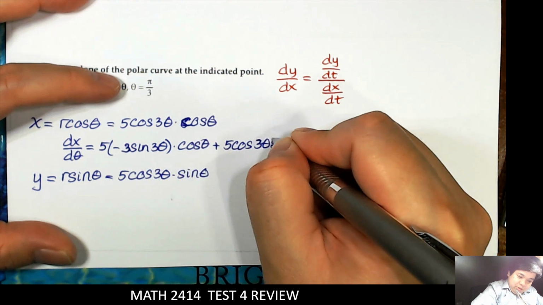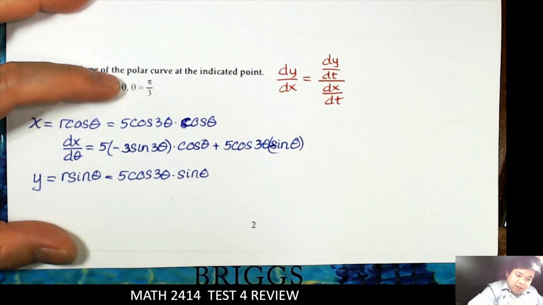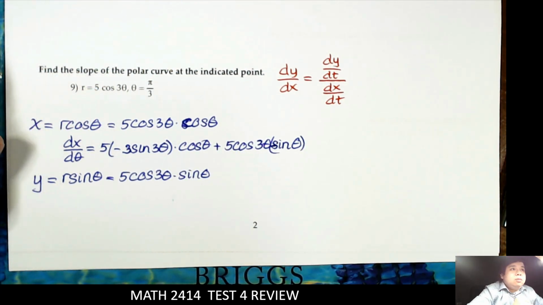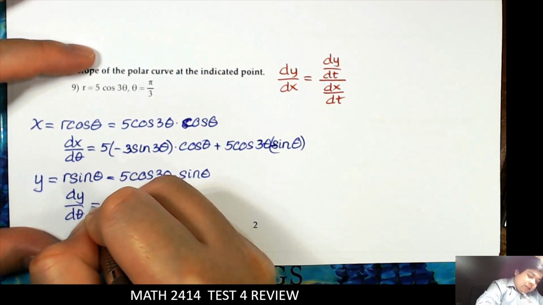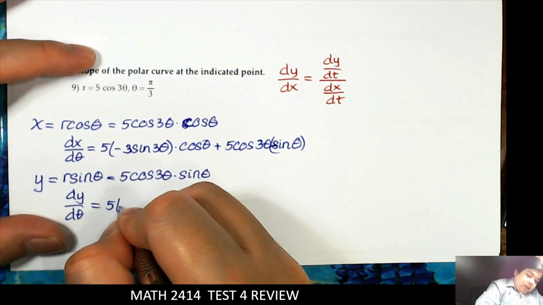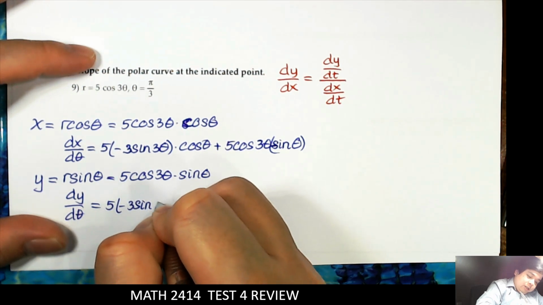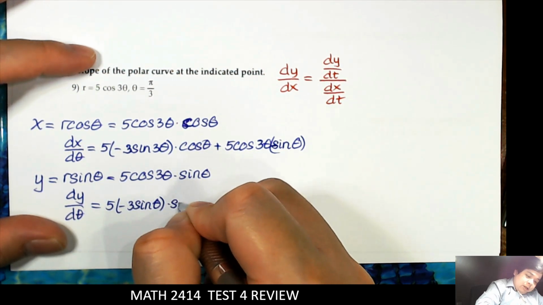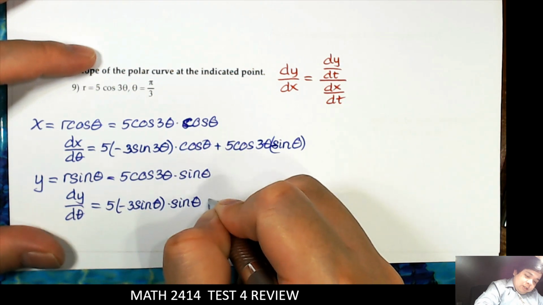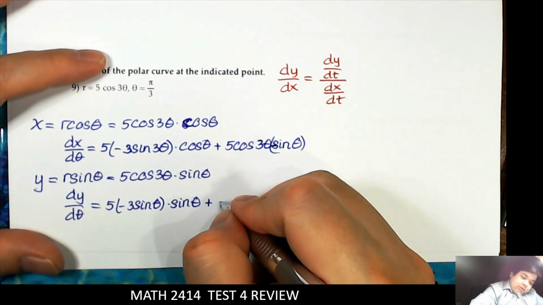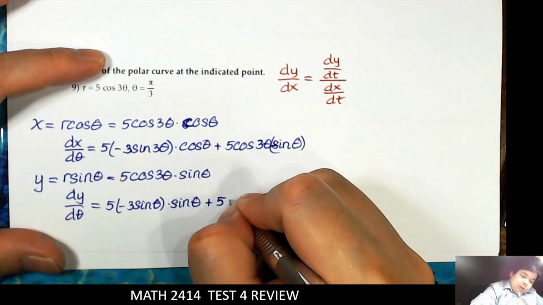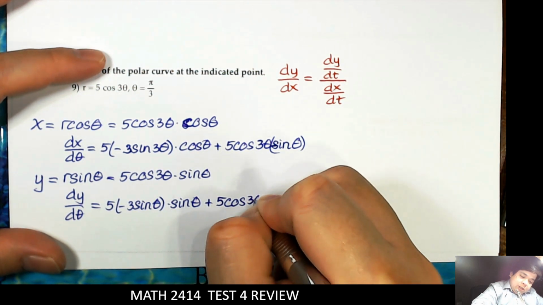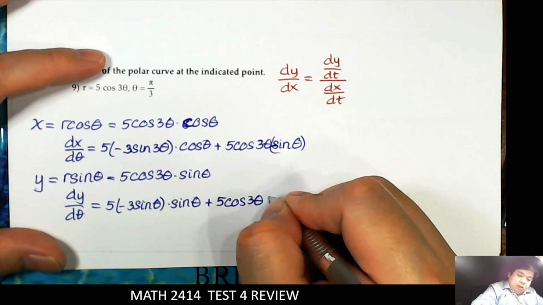Sorry, the derivative of cosine has a negative sign here. And then the derivative of y with respect to theta is 5 times negative 3 sine 3 theta times sine theta, plus 5 cosine 3 theta times cosine theta. The derivative of sine is cosine.